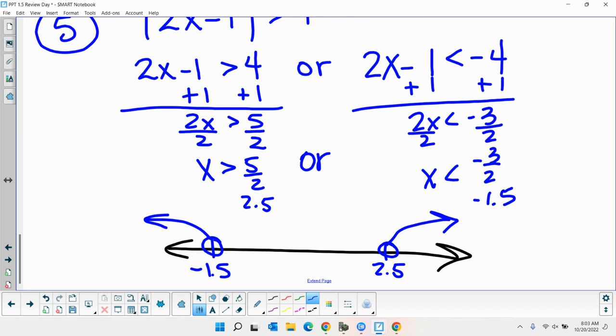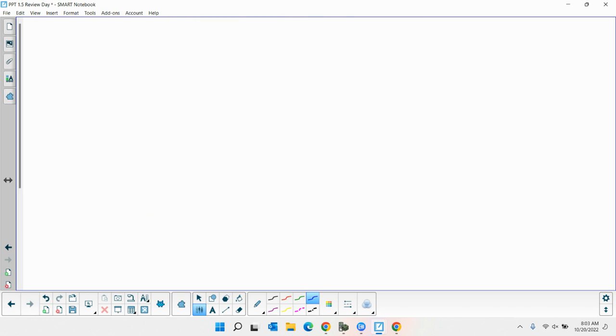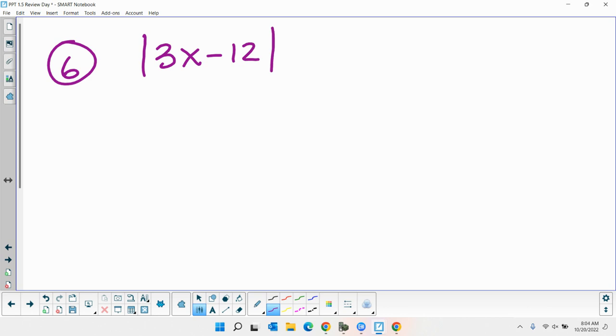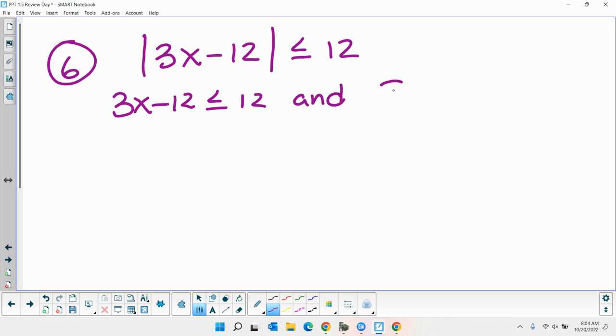All right. Number 6, another absolute value. This time it's less than or equal to, so it's an "and" when we write both of them. So we got 3x minus 12 less than or equal to 12 and 3x minus 12 greater than or equal to negative 12. So remember, switch the inequality symbol, make your number a negative.